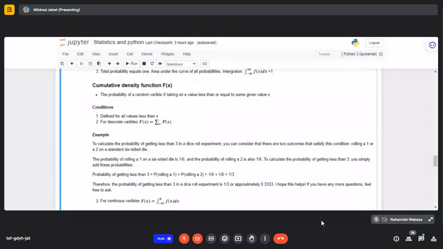Let's say we're using a dice, right? So we're rolling a die. A die has 6 sides. It has 1, 2, 3, 4, 5, and 6, right?